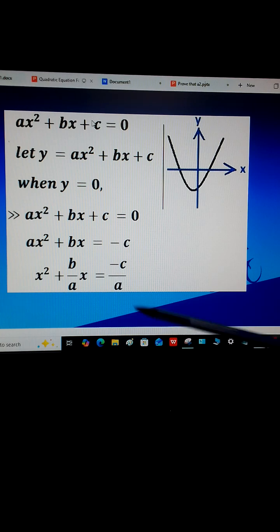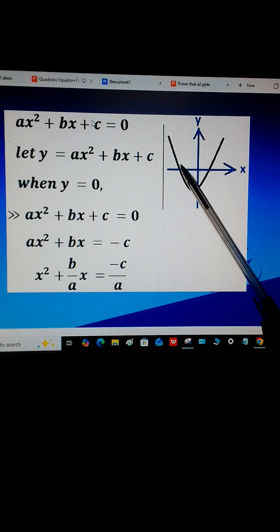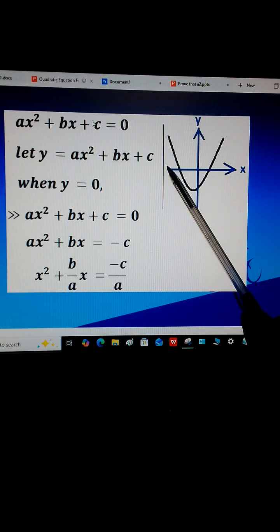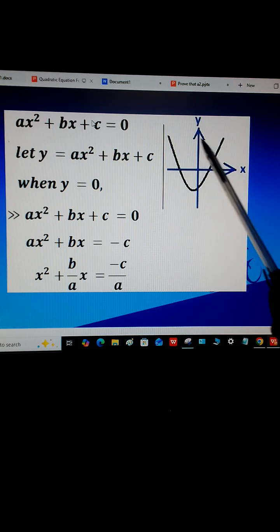Alright. Now when y is equal to 0, that's the point where the curve intercepts or cuts the x-axis at this point and at this point. That is when y is equal to 0. Because this is the value of y is equal to 0, y is equal to 1, 2, 3, like that.